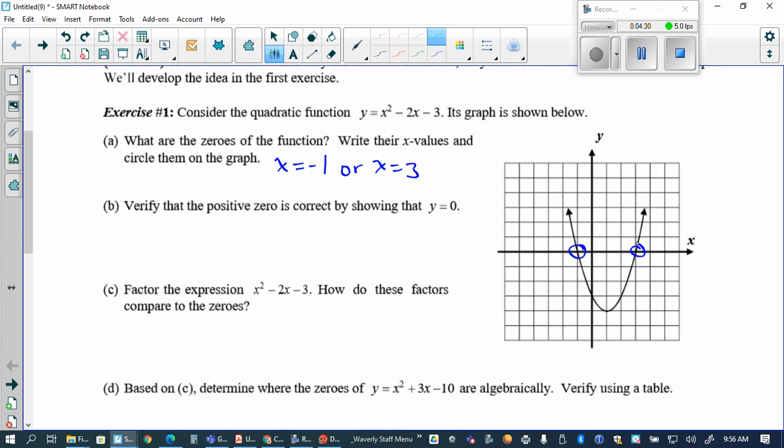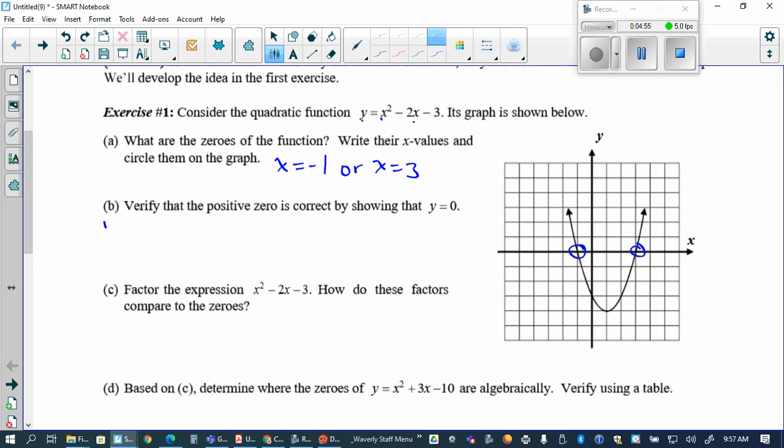Well, that's graphically, algebraically. Plug it into the equation, right? So if 3 is actually a 0 to that, which we can see it is here, if I put x of 3 in here, then y needs to come out as what? 0. So let's put that in there then.